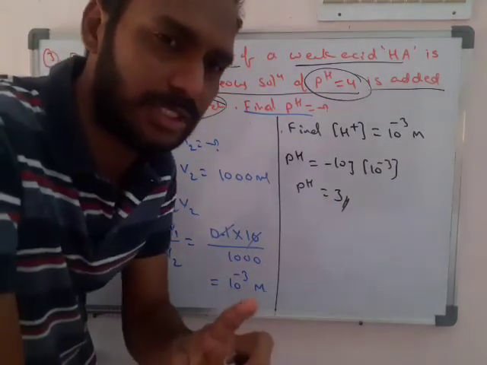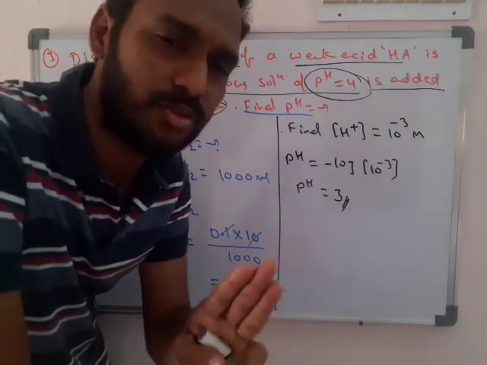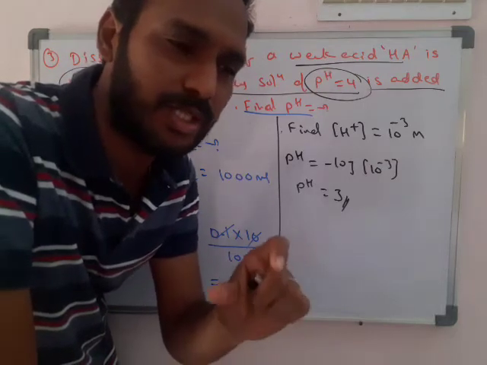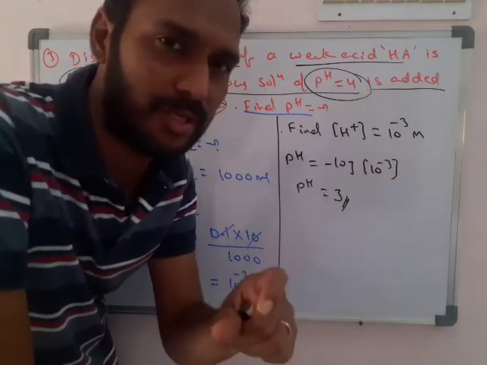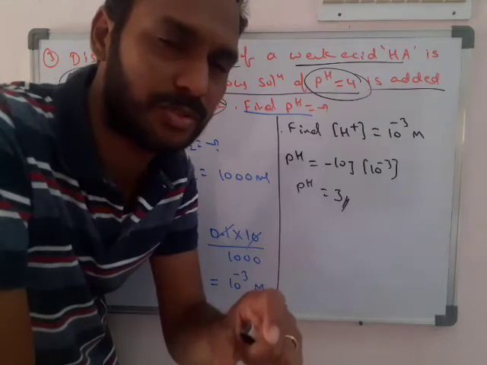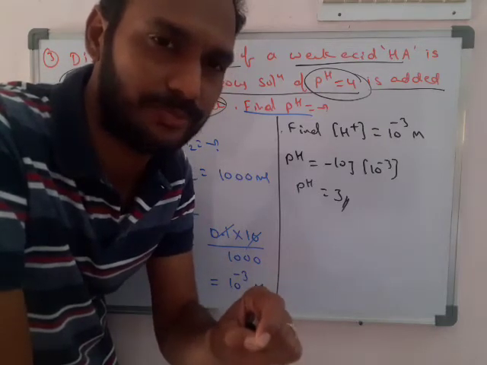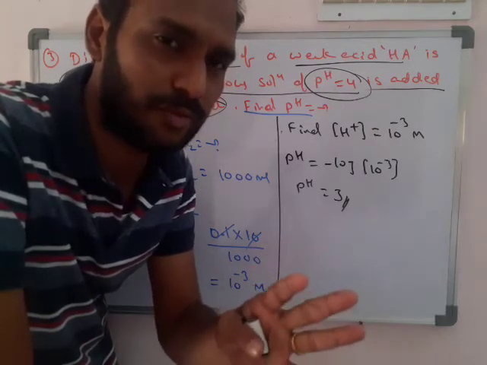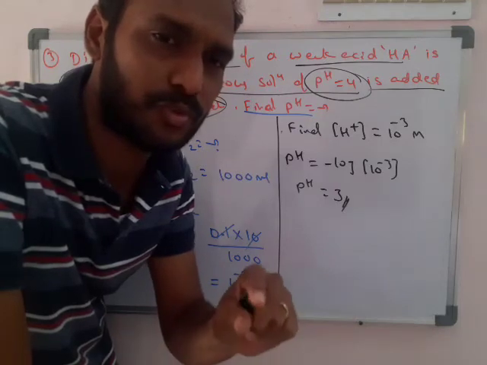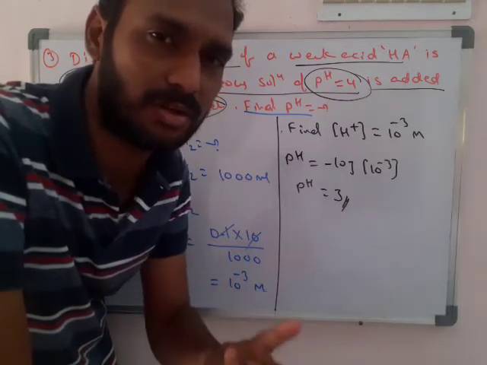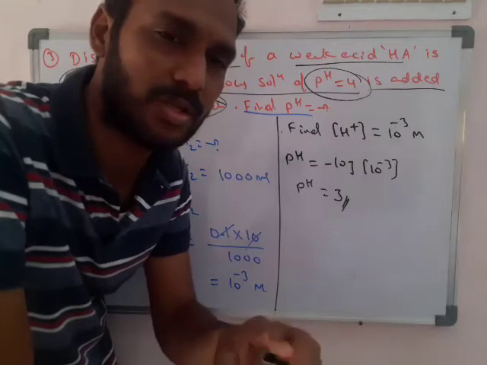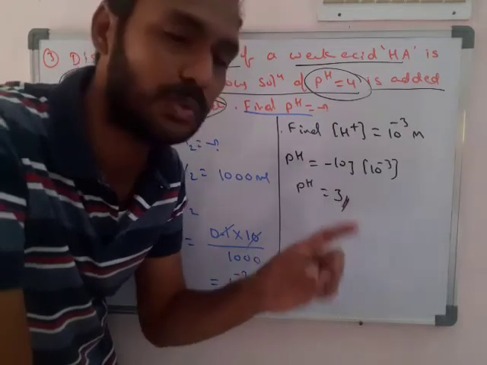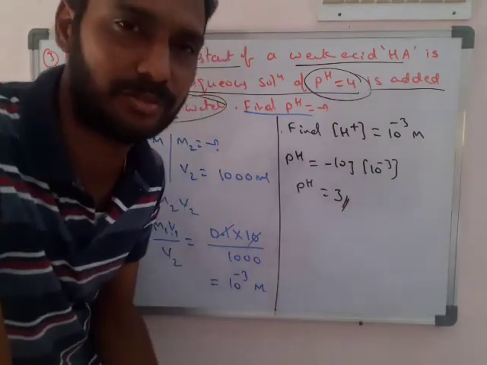We did it in 3 steps. First, with the help of the Ka value we calculated the initial concentration. Next we used M1V1 equal to M2V2 to find the final concentration. Finally that concentration is used to calculate the final pH.